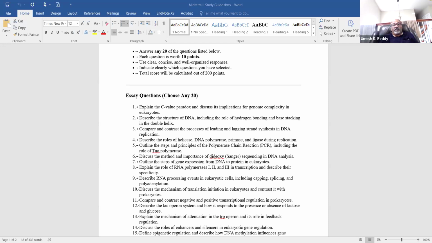Cycle after cycle, 25 to 35 cycles are set in the thermal cycler. In each cycle, the DNA gets denatured, the primer gets annealed, and then the DNA polymerase, that is Taq DNA polymerase, will start adding nucleotides from that priming site. So this continues for 25 to 35 cycles.